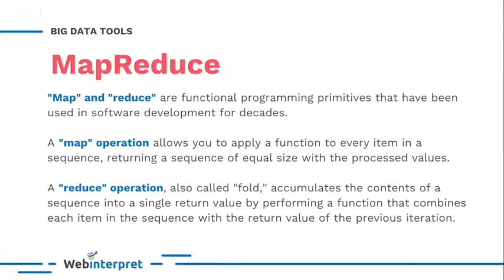So if you have a list of 10 items and you put it into the map operation, basically each of the items on the list will be mapped. And the reduce operation is basically changing the list into a single element. So you are accumulating the content of a sequence into a single value.